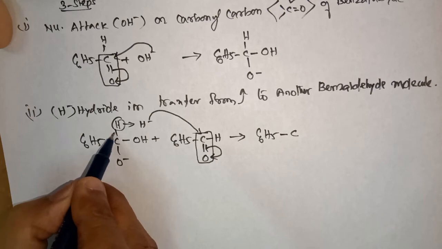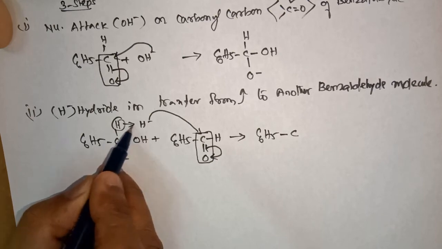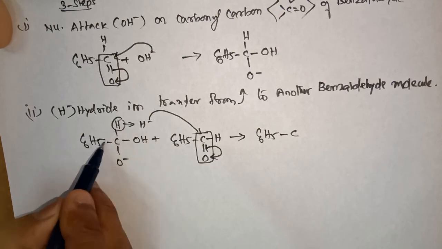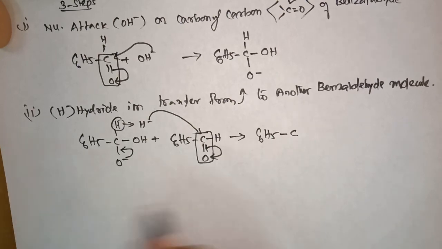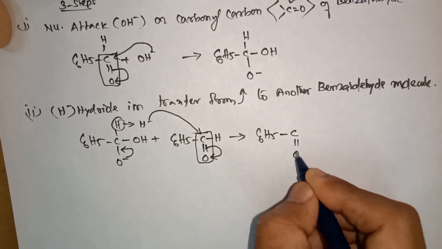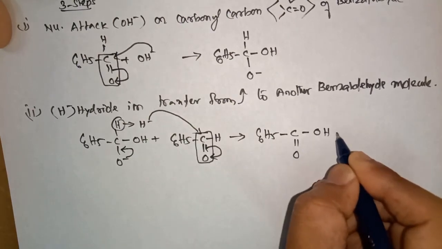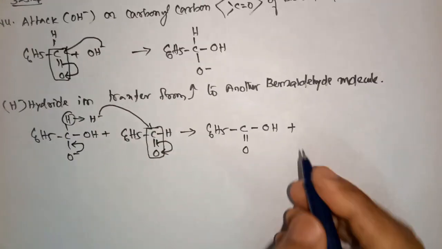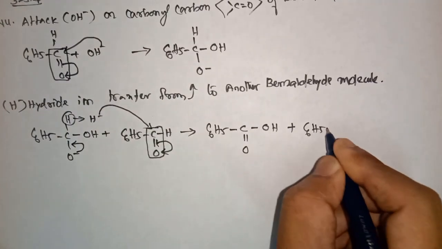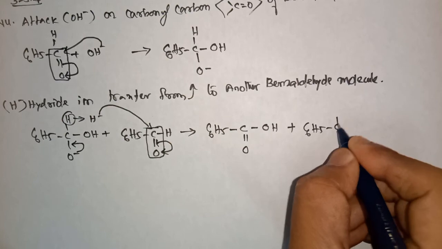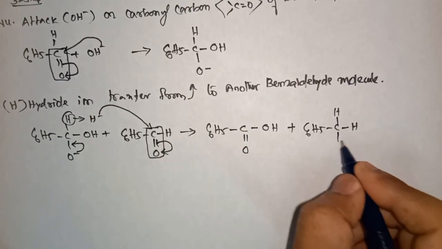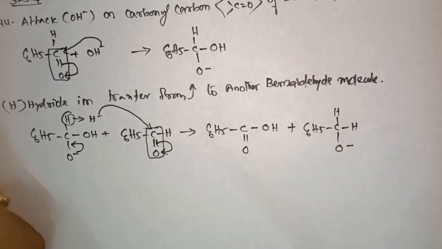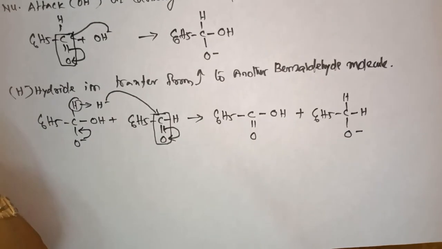It takes its 2 electrons from the bond and leaves, so carbon is left with only 3 bonds, and the double bond O comes here with single bond OH. H minus adds to the other carbon, giving C6H5CH2, and O minus.